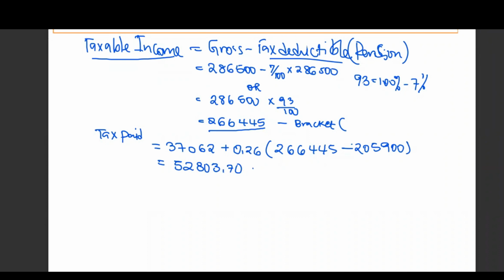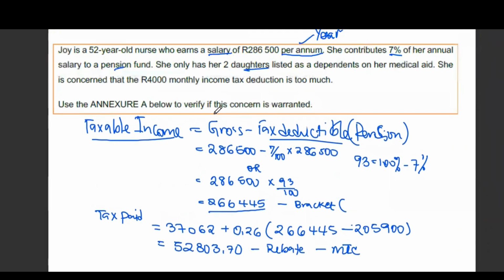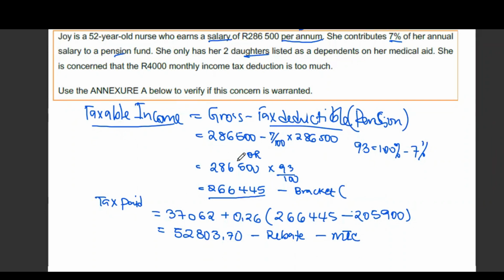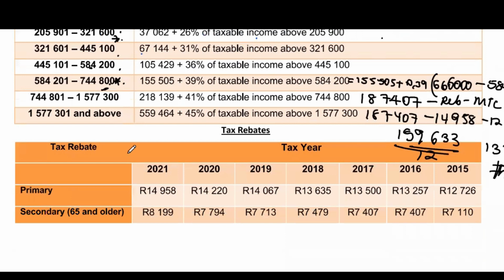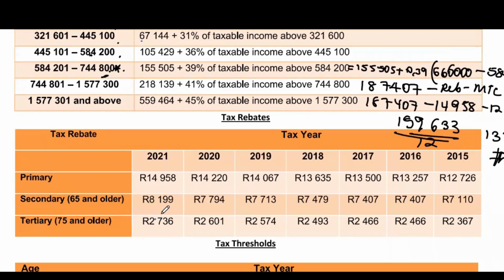Now we need to subtract the rebate, and we also need to subtract the medical tax credit. Remember, take note, they didn't specify the year. Here we shall remain with the first year, 2021, from the table. Now we are in the rebate. Just stick to the rebate.